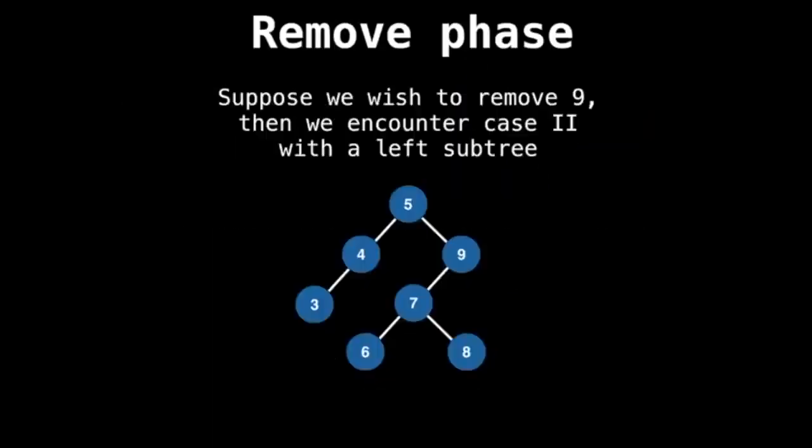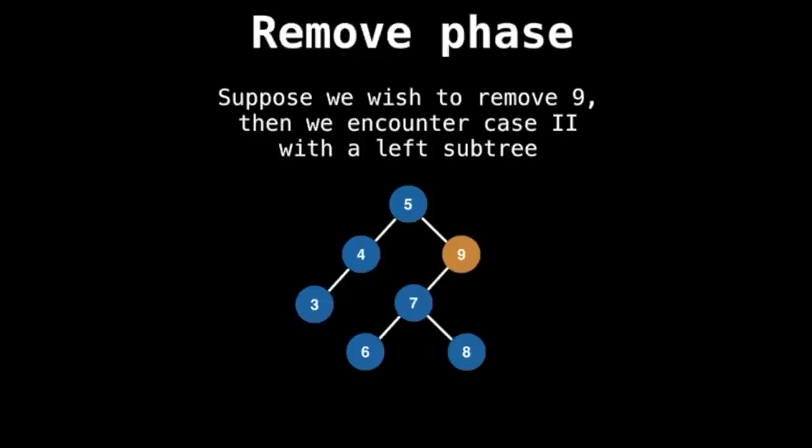Let's do an example. Suppose we want to remove node 9. The first thing we do is find where node 9 is in the tree. So start at the root and go to the right subtree and then find the node we want to remove, which is 9. And then we inspect 9 and discover that it only has a left subtree.